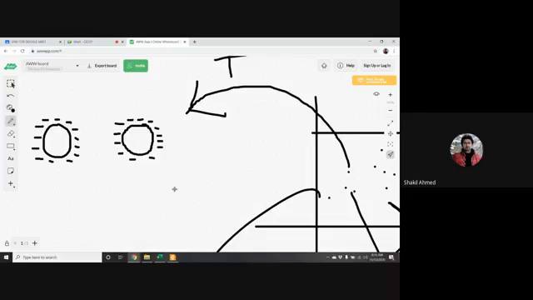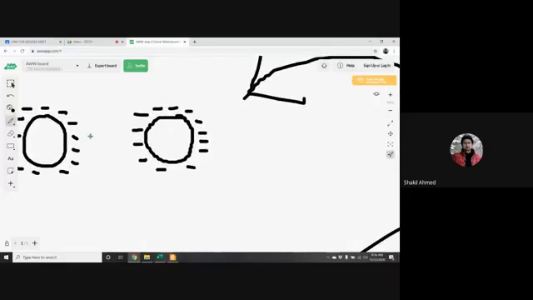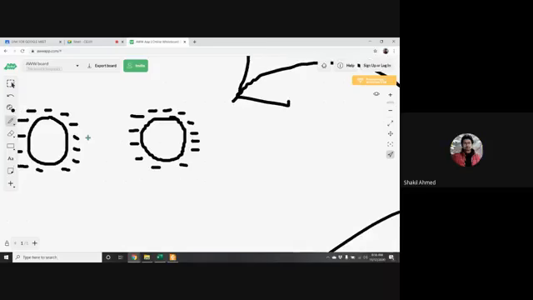Now, since both of them are surrounded by negative charge, same charge, so same charge does what? Attraction or repulsion? Repulsion. So they will repulse each other.